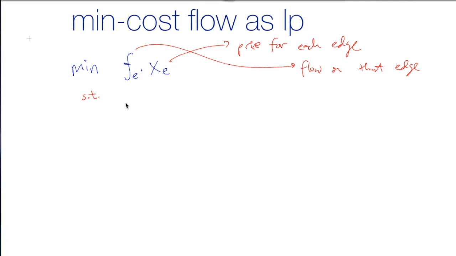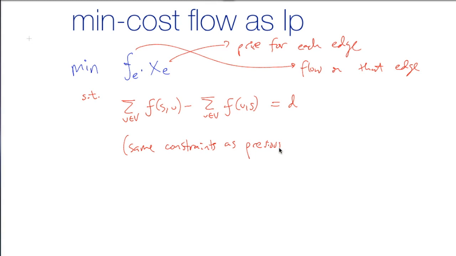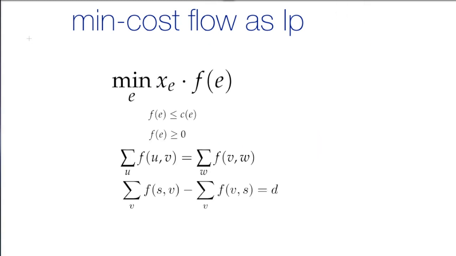So first of all, we want to make sure that the flow is still the maximum. So previously in our previous LP, this was the thing that we were trying to maximize. But once we find a particular value for it, we can basically set it to be this value. And then, of course, we can have the same constraints as before.